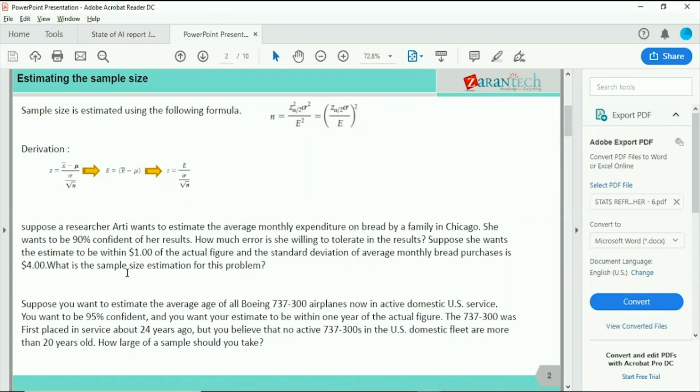So what is the alpha? Well, alpha would be 0.05. Right. So 1.96 whole square into 4 square by 1. Correct.